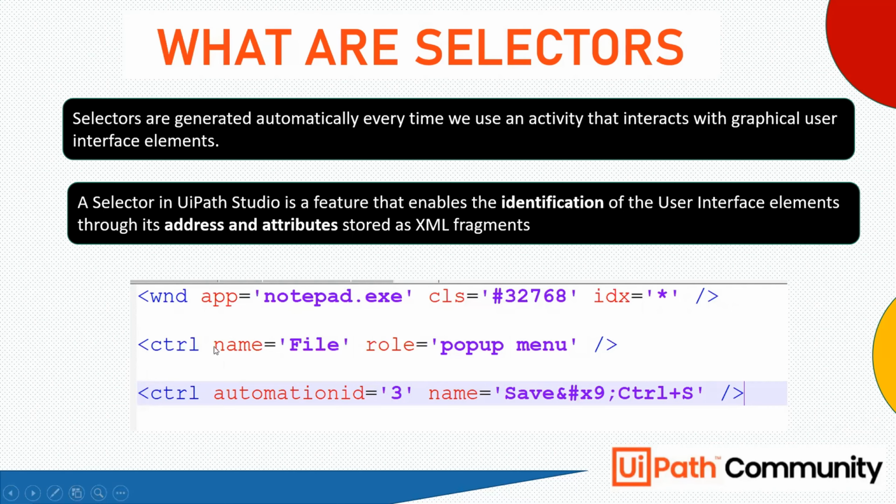This is how the selector looks. It has key and value pairs. The simple thing for you to know now is that a selector is stored in the form of XML, and we get a selector whenever we interact with a graphical user interface.